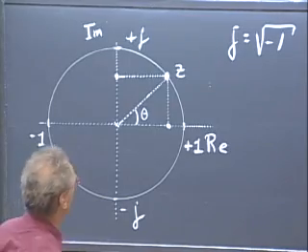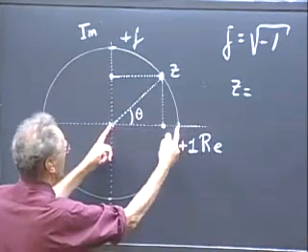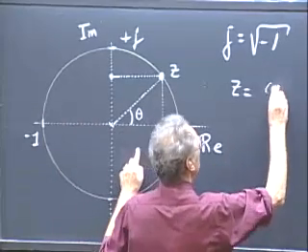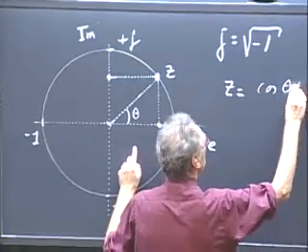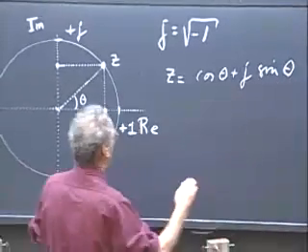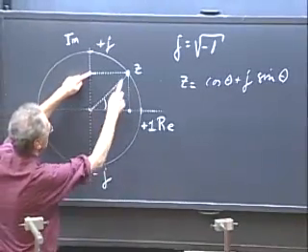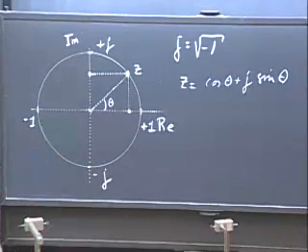So you can see that indeed z can be written, since this length is 1, as the cosine of theta plus j times the sine of theta. So that is this part which is real, and this is the sine of theta, because this is 1. I have to multiply that by j.